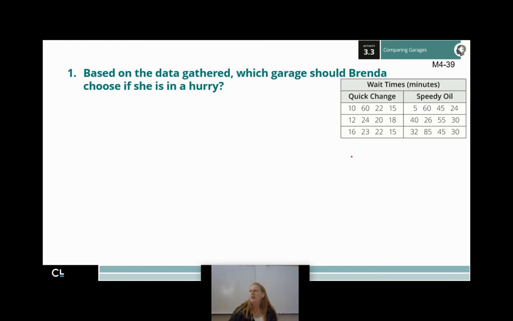So I went ahead and tried to make a dot plot for this. I'm going to make a dot plot for Quick Change, so I'll call it QC. I'll number the axis 10, 15, 20, 25, 30, 35, 40, 45, 50, 55, 60, because I see a 60 way up there.